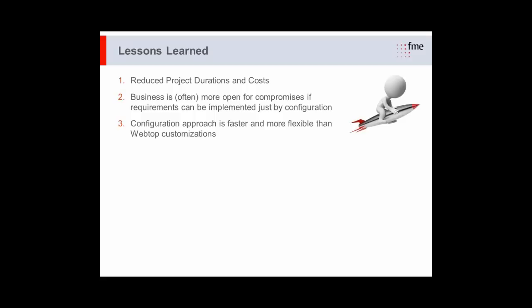On the other hand, with Webtop customization, if you're a Webtop or WDK customer, you know you have to at least modify or create an XML file. Often you also have a Java class or a JSP page which you have to create, modify or override, and this is not as flexible and fast as the configuration approach within D2.